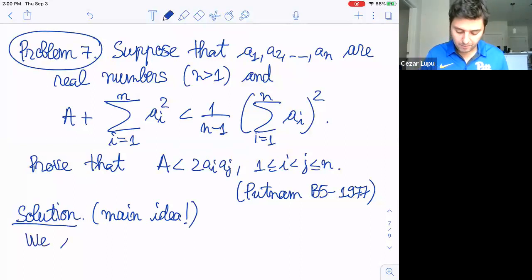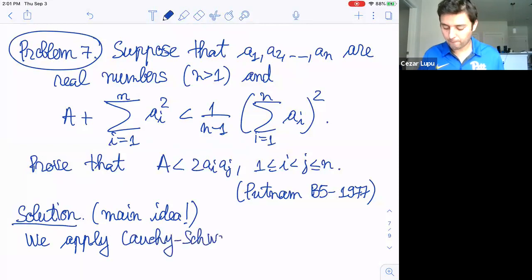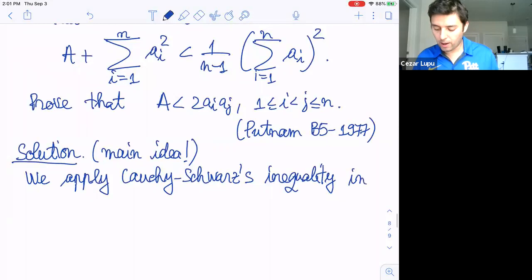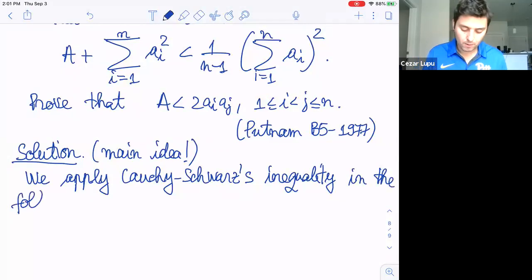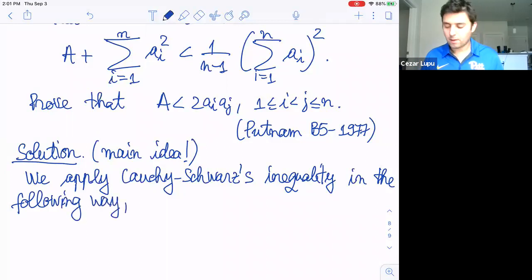So we apply the Cauchy-Schwarz inequality in the following way. I can prove that A is less than A2 times A1, A2. It doesn't really matter. So I will do the following trick now.